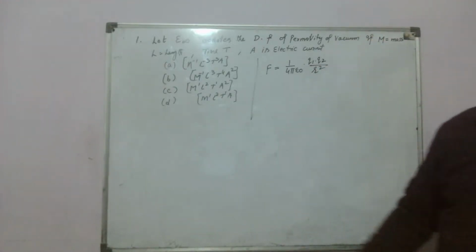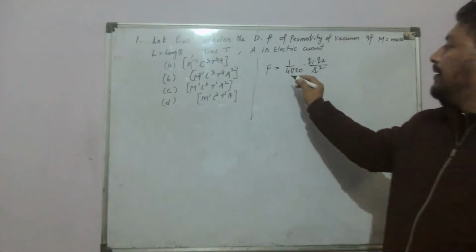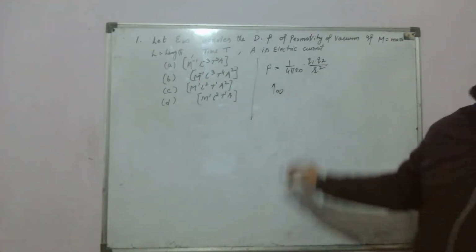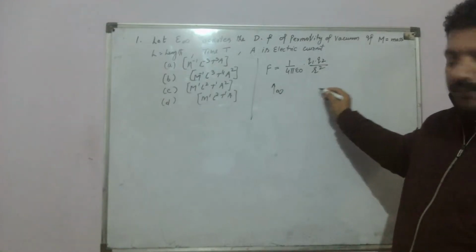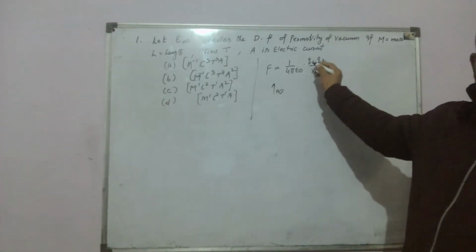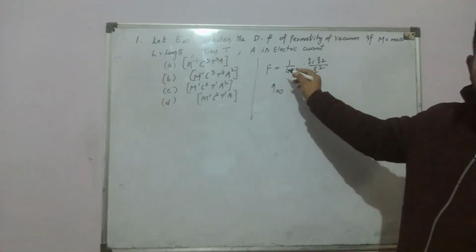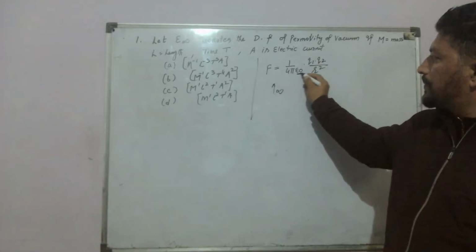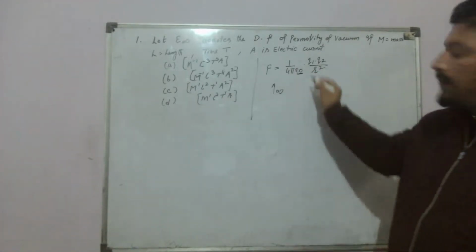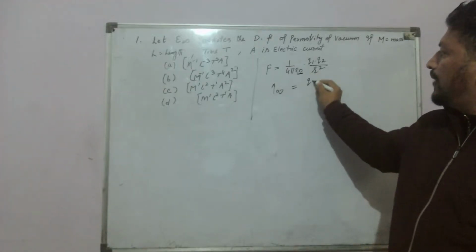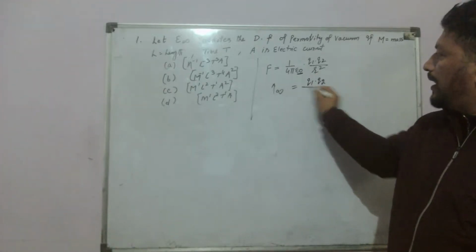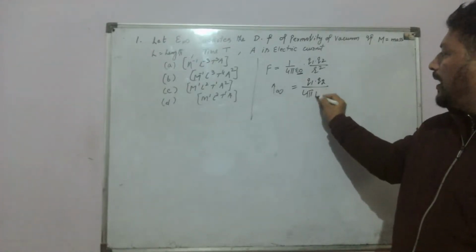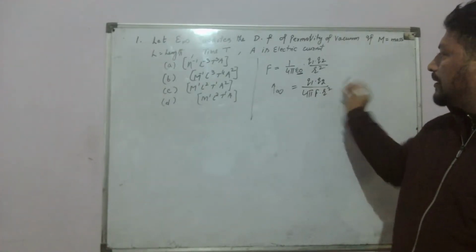So here you will find the dimensional formula of epsilon infinity. So Q1 Q2 means you will find epsilon infinity. So the formula is Q1 Q2 divided by 4 pi F into R square.